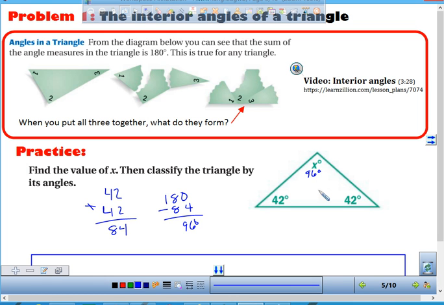Okay, so naming it by its angles. What would the name be if I named by its angles? That's by sides. You'd have two congruent sides, yes. It would be isosceles by sides, but by angles, what's the name? Why, Kim? It is obtuse, but why?